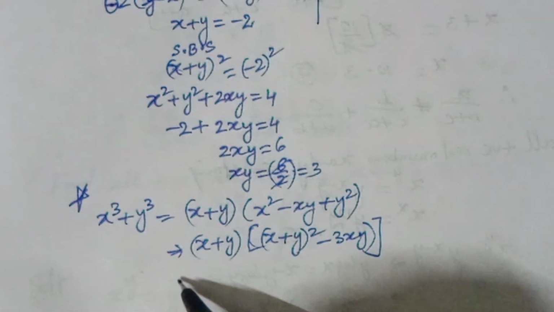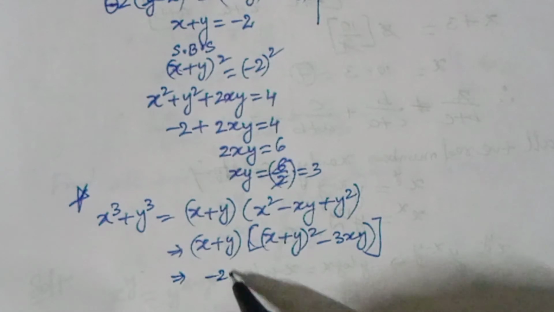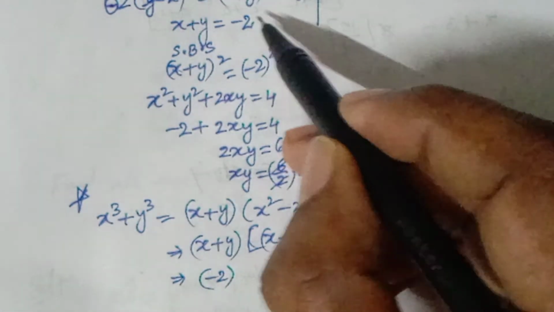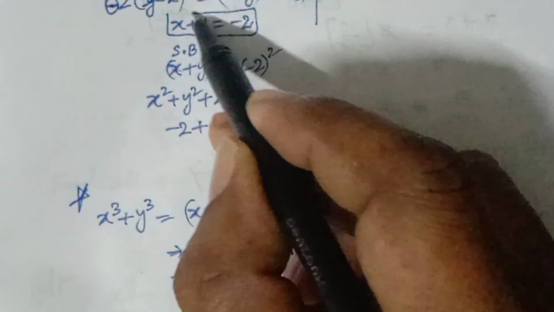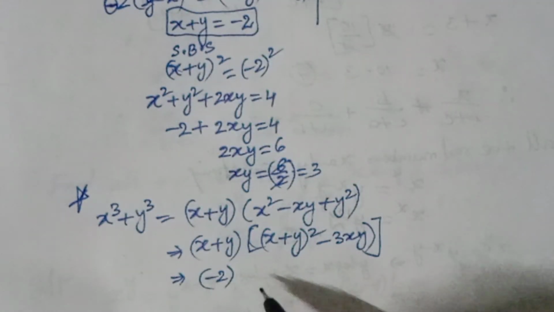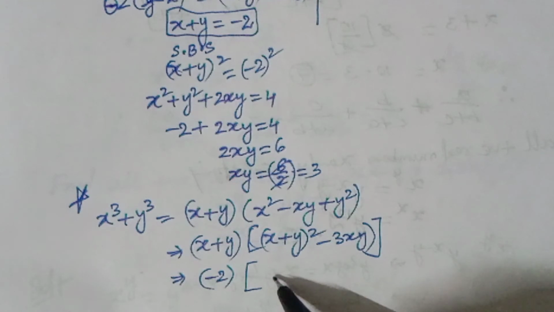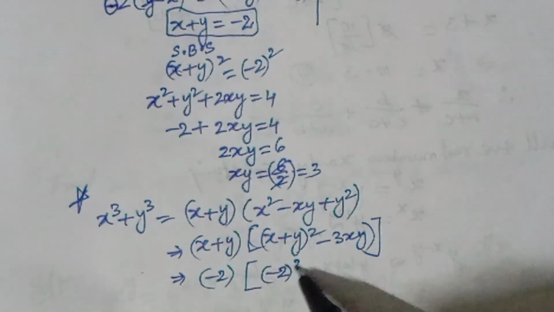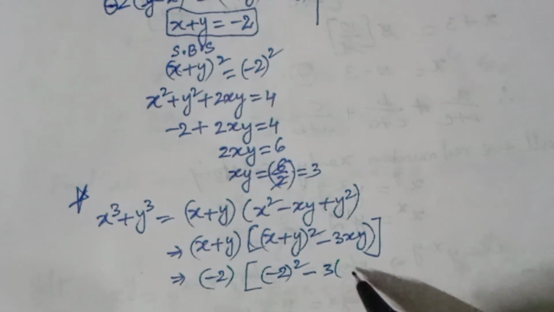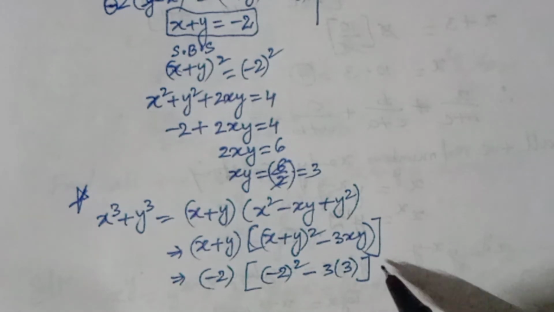So all the values are there: minus 2 for the x plus y value, into minus 2 whole squared, minus 3 into the xy value, which is 3.